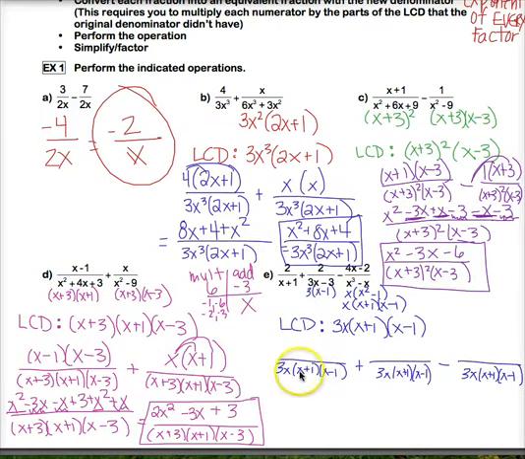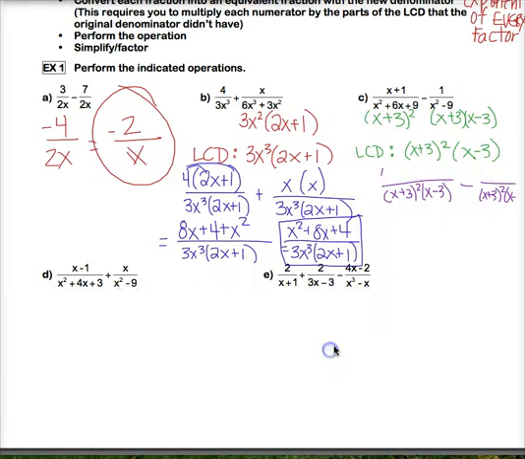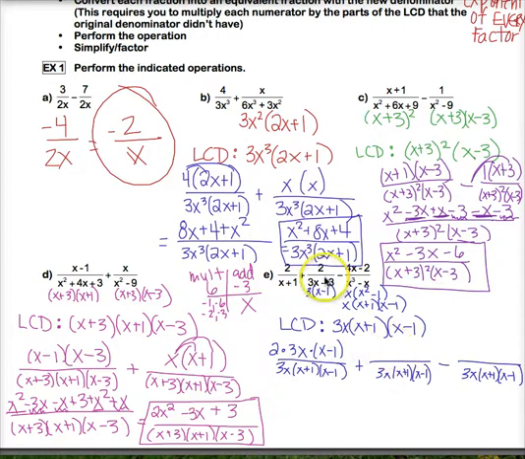All right, so what did my original not have? It only had the x plus 1, which means it needs multiplied by the 3x and the x minus 1. So I had 2. I need to multiply by the 3x and by the x minus 1. Second fraction, it had the 3 and it had the x minus 1.